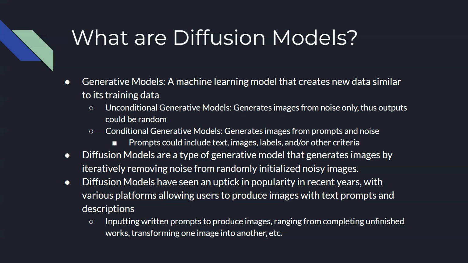They come in two different types. Unconditional generative models are models that generate images from noise only. Thus, outputs could be random. What this means is that when you input a random input, aka noise, into the model, the outcome ends up being completely random.